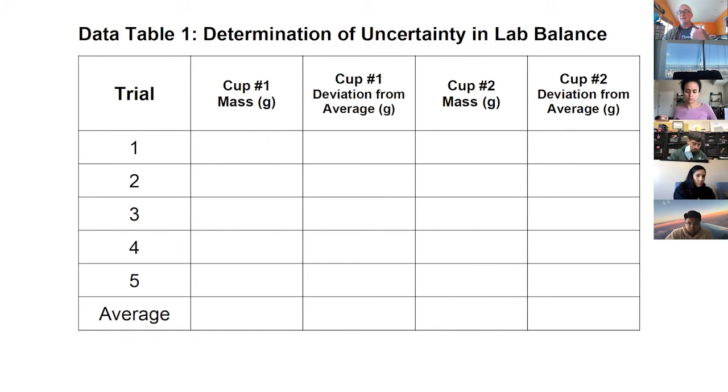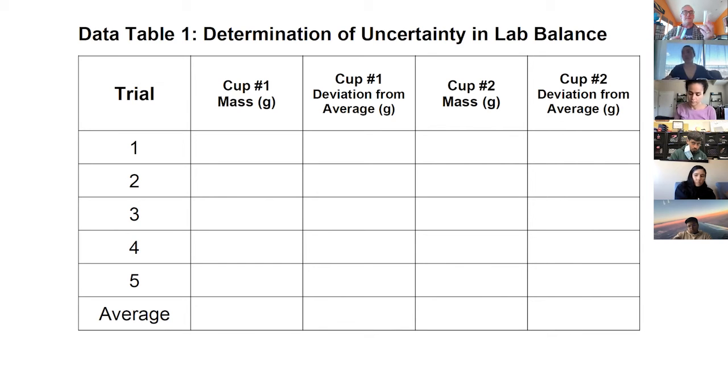So we want to see cup 1 and cup 2 should be fairly similar. There's going to be a different uncertainty in the difference of mass between these 2 cups than the uncertainty of each measurement with the scale. So that's why we measure the deviation separately.